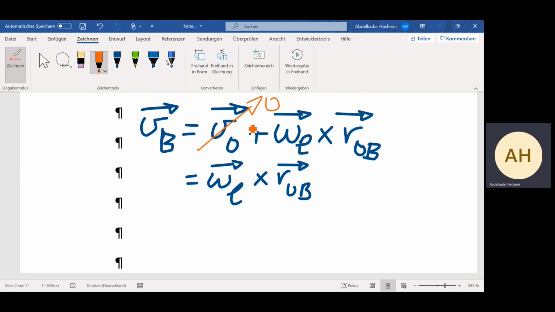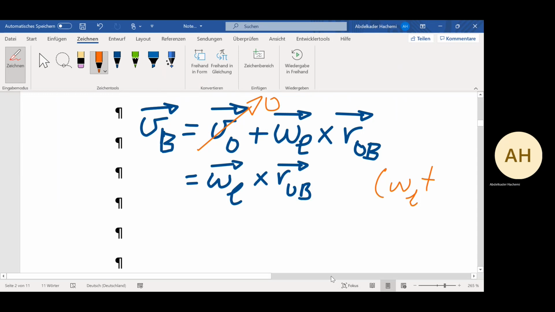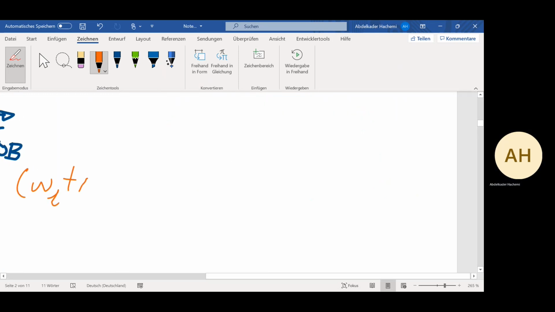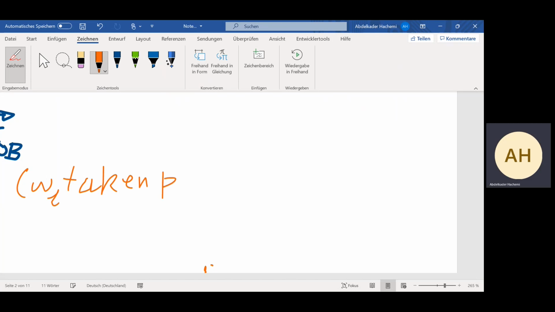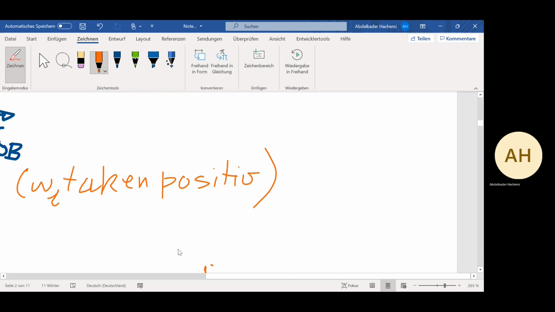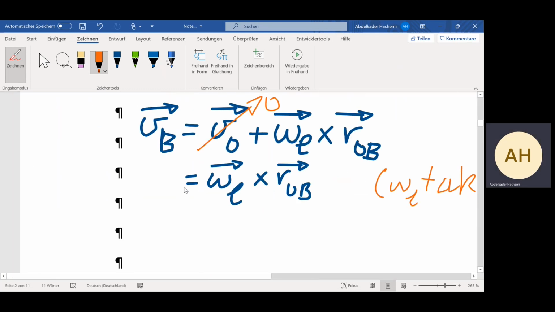I mentioned it here, omega L taken positive, and the direction of it will be determined by the calculation, by the value.